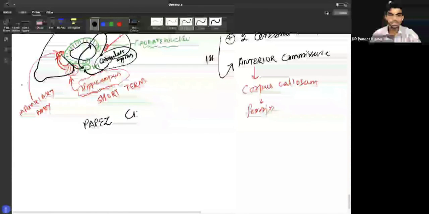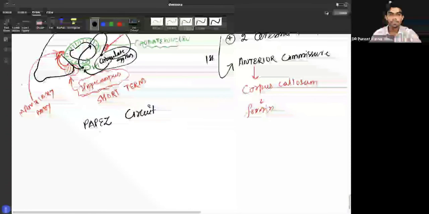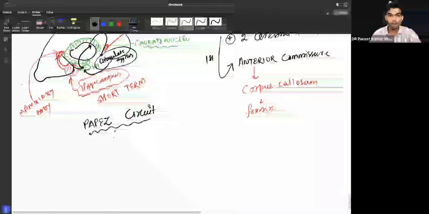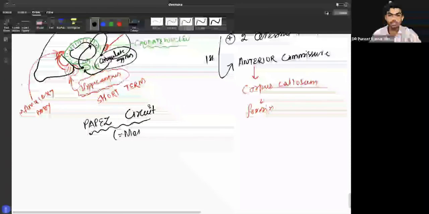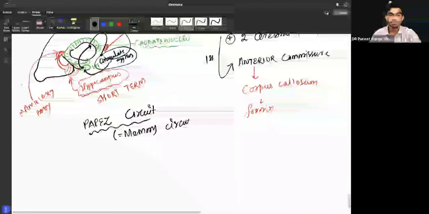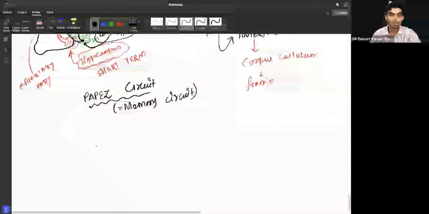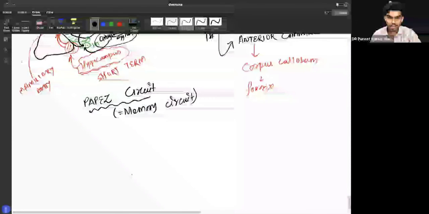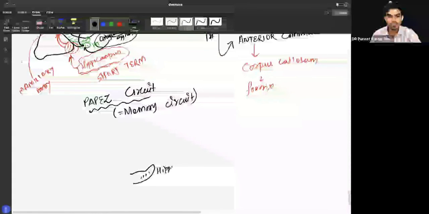Papez circuit. And the Papez circuit is the memory circuit. Okay. And the Papez circuit starts from the hippocampus. Then it goes to the mammillary body.